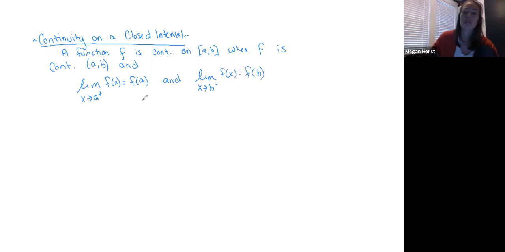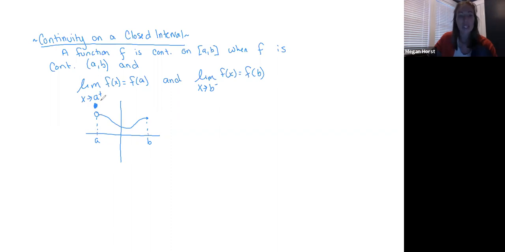So this is just making sure that we don't have a situation. Let's say we had a function, and now we're looking on the closed interval. Let's say we had a function like this, and this is B and this is A. And then it just so happened that at that point A, where we were closing that interval, f of a is a different value than the limit as x approaches a from the right.